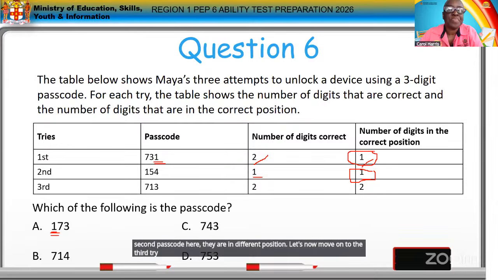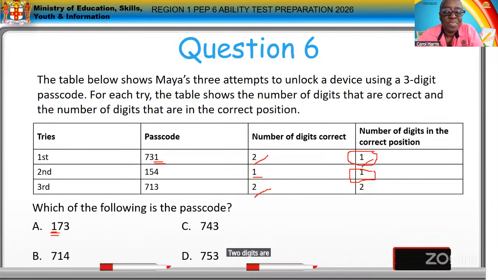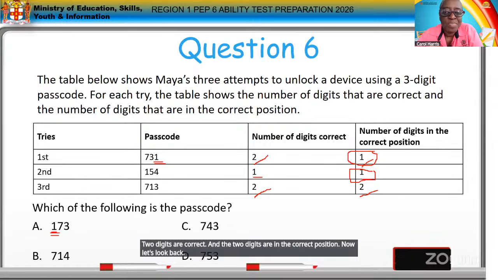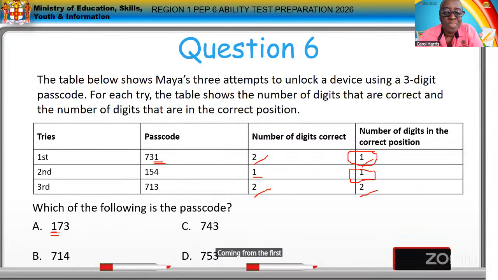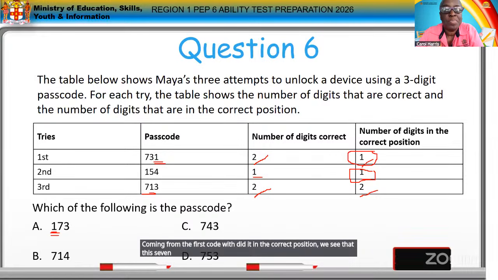The third passcode says 2 digits are correct and 2 digits are in the correct position. Now let's look back. Coming from the first code, we see that the 7 has returned in the 100 position.